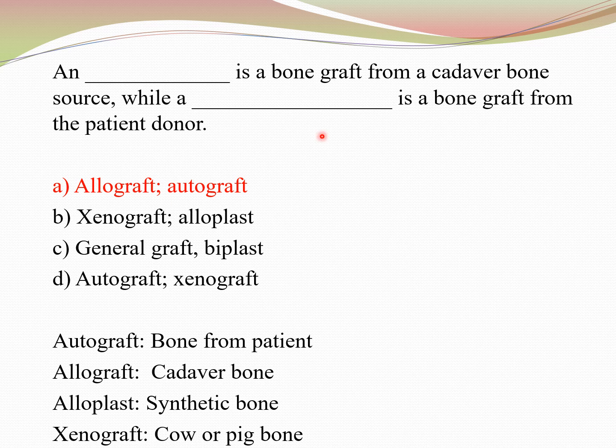And an autograft is a bone graft from a patient donor. The allograft is a bone graft from a cadaver bone. An autograft is a bone from the patient. An allograft is a cadaver bone. An alloplast is synthetic bone. And a xenograft is made from cow or pig bone.